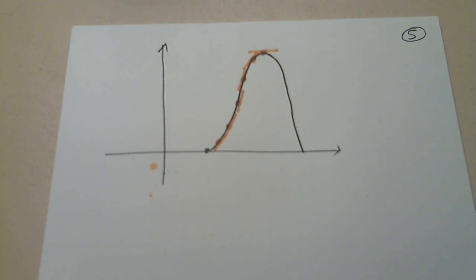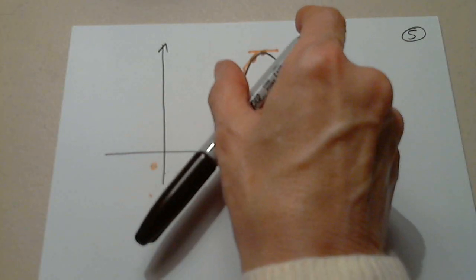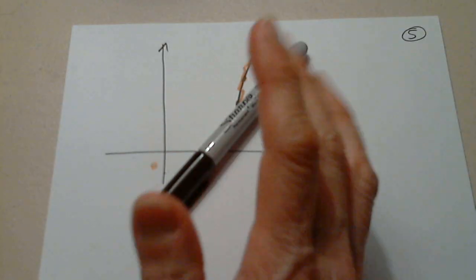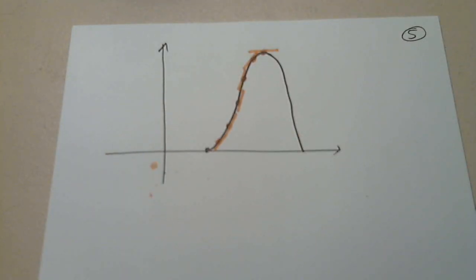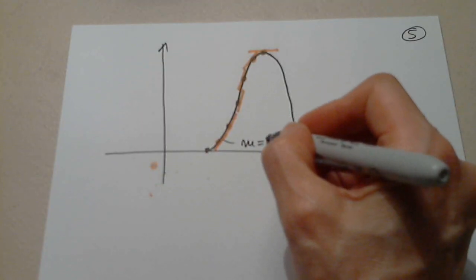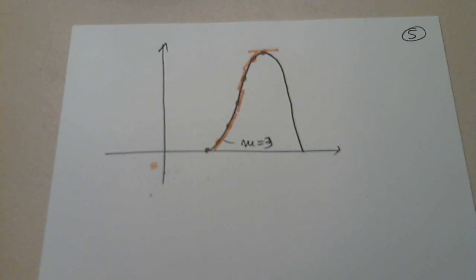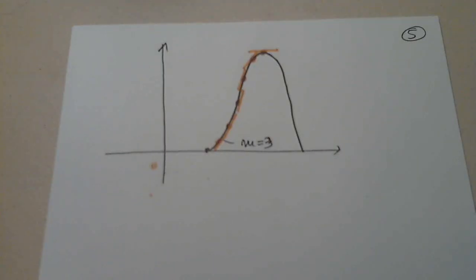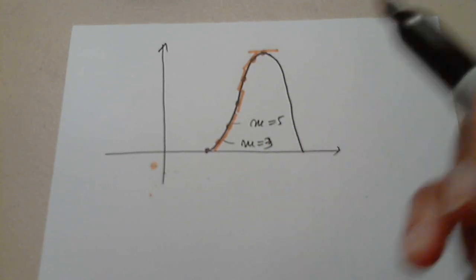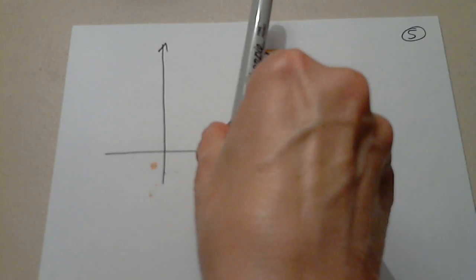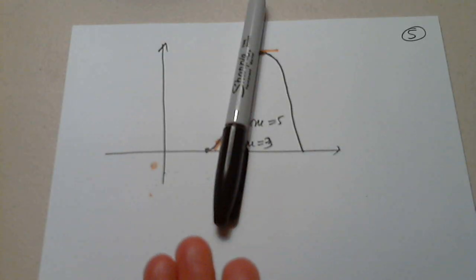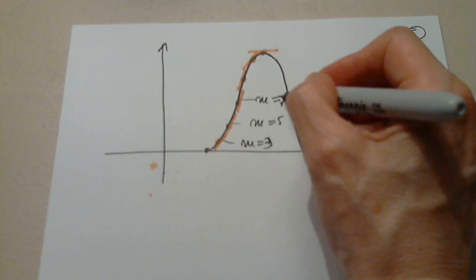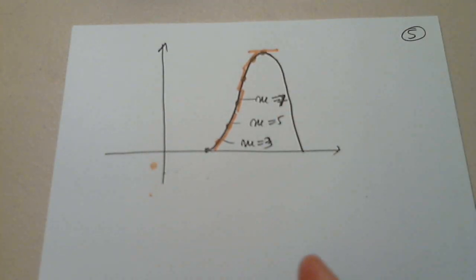Okay, I'm going to make some estimates. The first tangent line, I'm going to say has a slope of 3. The next one, I hope you agree, is steeper. I'm going to say that the next one has a slope of 5. The next one, I hope you agree, is even steeper. So the next one, a slope of 7. Rise over run.